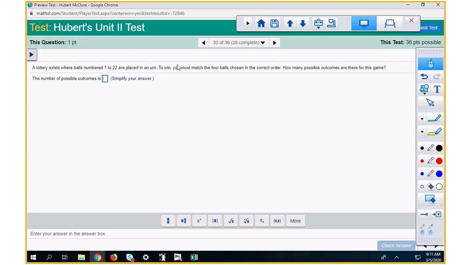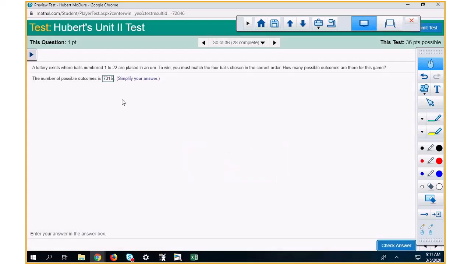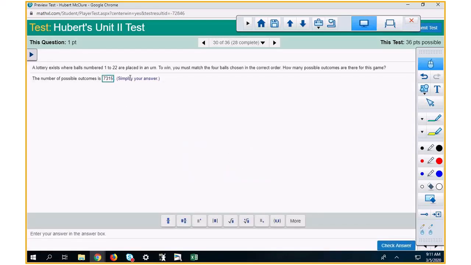What is it? That's not right. 7315 should be the answer if that's what y'all come out with. Okay, then give me the other one. A lottery exists where balls numbered 1 through 22 are placed in an urn.